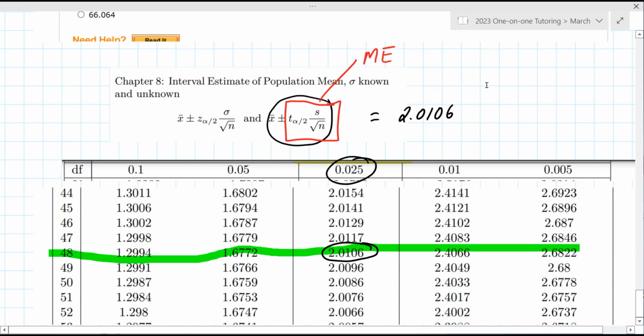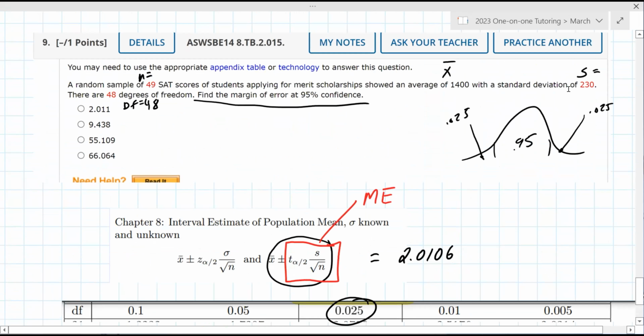Your S is 230. Square root of 49 there. You want me to get that? Sure, that would be good. Sometimes you can estimate which one it is, but we got a calculator, so we'll just do that. 230 over 7.